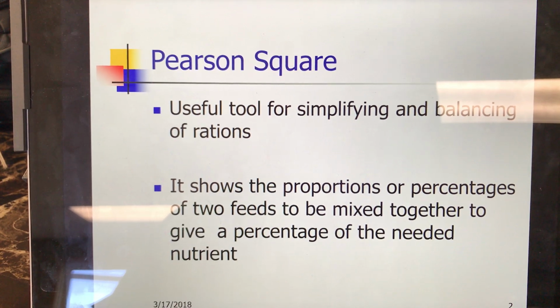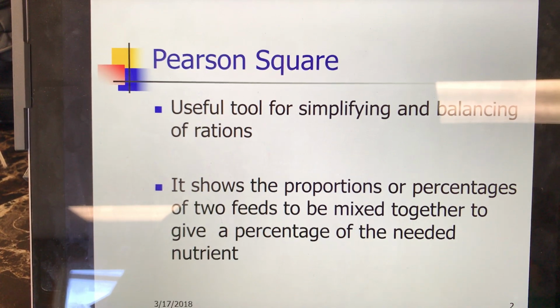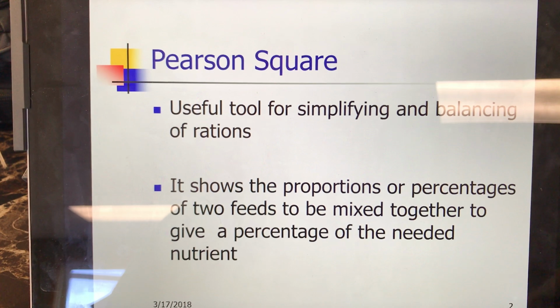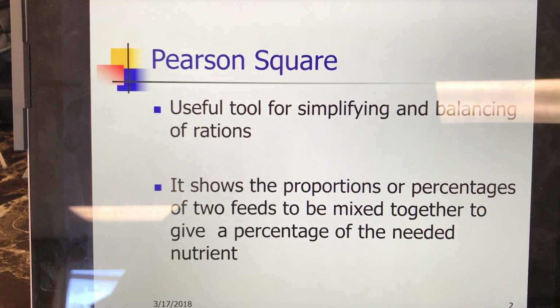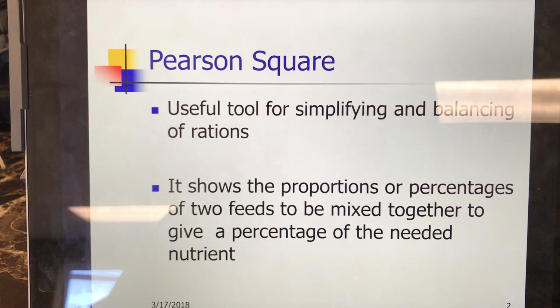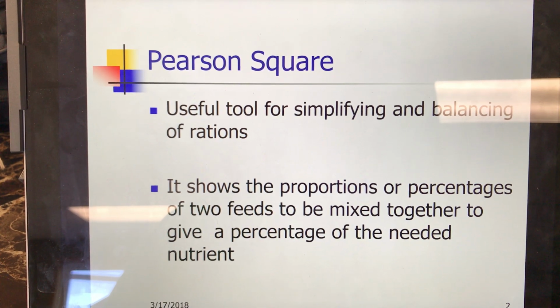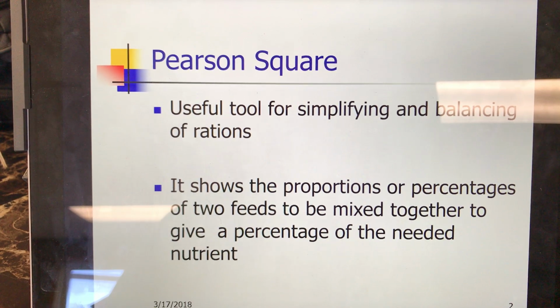So in this case, we're going to look at an example and walk through some steps of how this looks on paper, and then you're going to do some examples to practice what we've learned here today. The Pearson square method we're actually going to use to balance out two different feedstuffs and make sure that we get a correct crude protein percentage for the livestock that we're feeding.